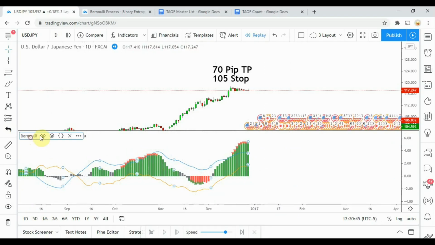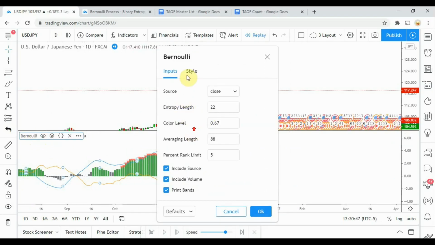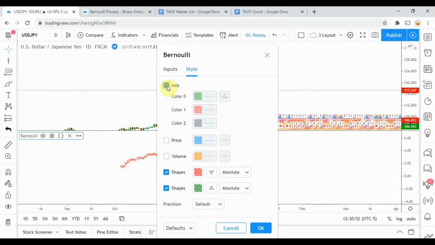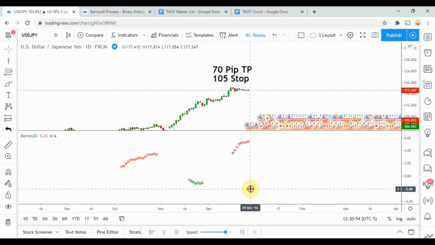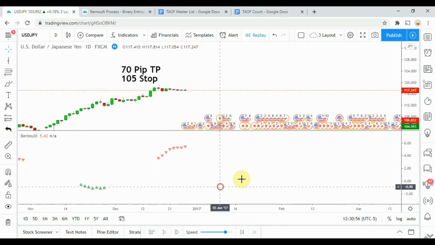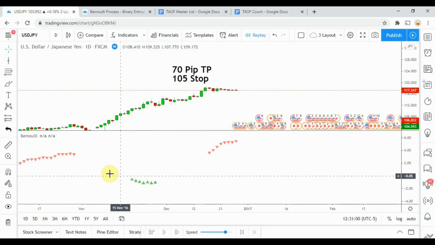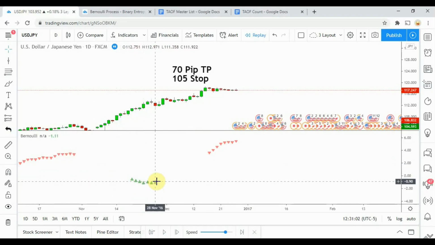I imagine we might even be able to turn off the histogram, and we would just watch and wait for triangles to appear. The moment they stop appearing, then we could enter the trade.